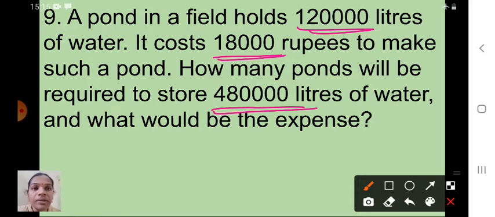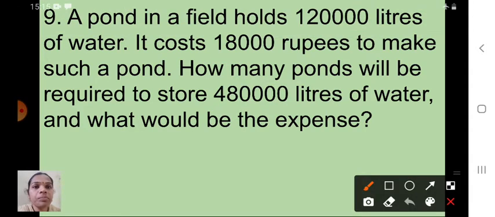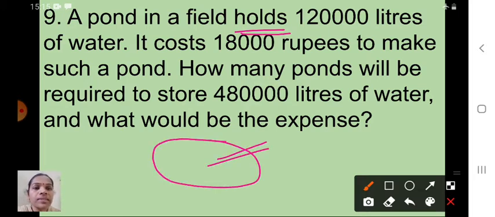Okay, I will read the question once again here. A pond in a field holds, just imagine one pond is there. So what is the capacity of that pond? I hope you might have seen this pond in your village. Inside the pond, water is there, isn't it children? So a pond in a field holds 1,20,000 liters of water.